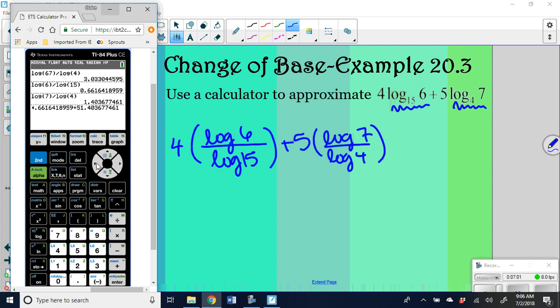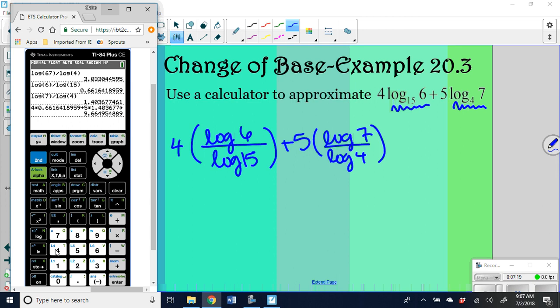Oops, I forgot to put the times. So 5 times that second number. So you should get 9.6650 is what it would round to.